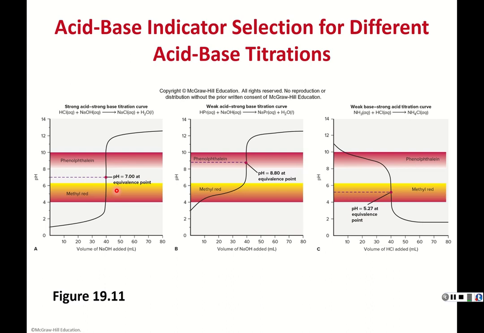But neither of those would work perfectly with that. You could use phenolphthalein again for a weak acid, strong base titration, because that color change is going to be right at the equivalence point. And then for a weak base, strong acid titration, methyl red would work very well because that equivalence point is going to be in that color change region.